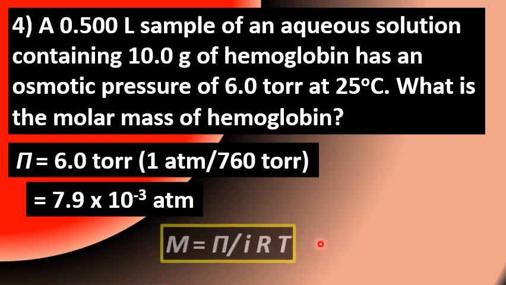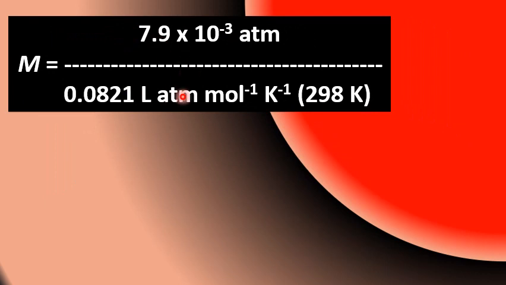All right, so we shall see this in just a while. So plugging the given quantities into the formula for determining the molarity, big M, we have 7.9 times 10 to the negative 3 atmosphere.